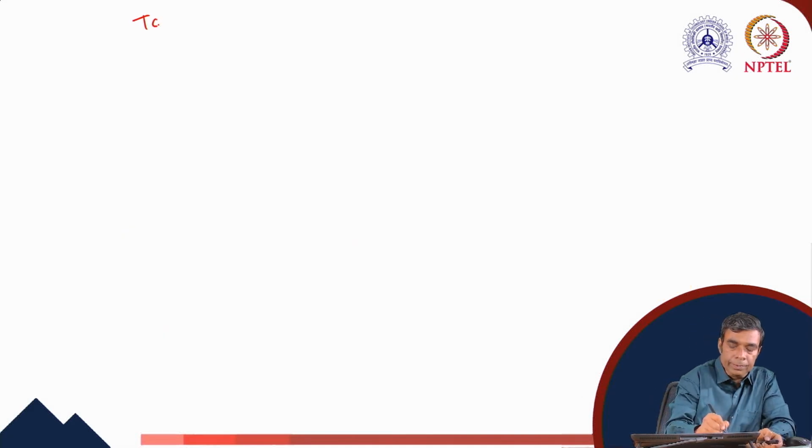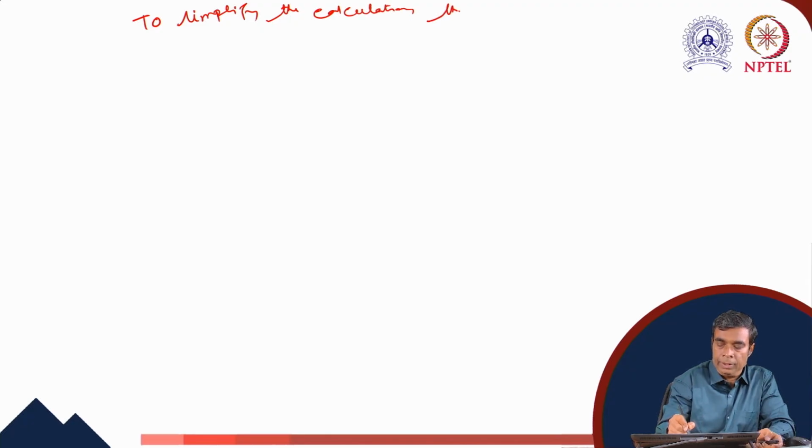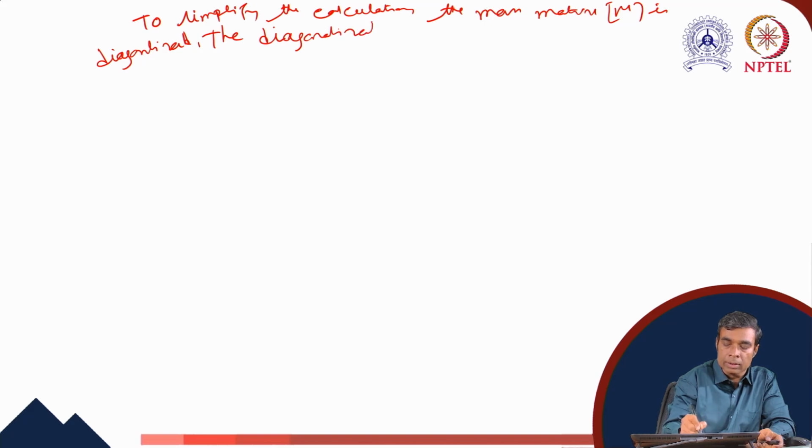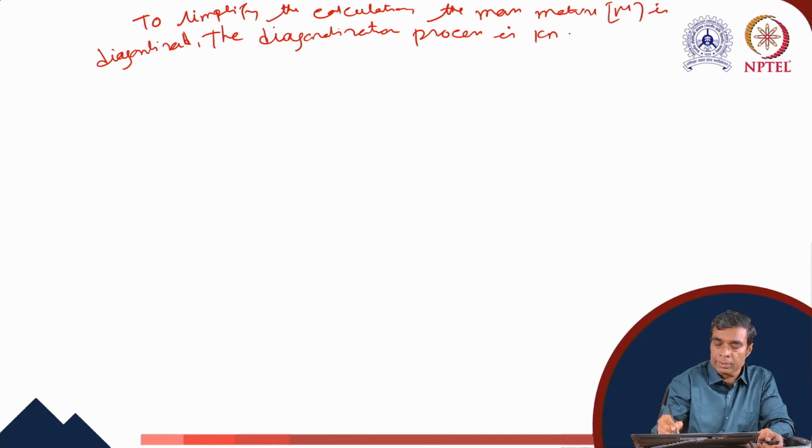To simplify the calculations, the mass matrix M is diagonalized. The diagonalization process is known as mass lumping.